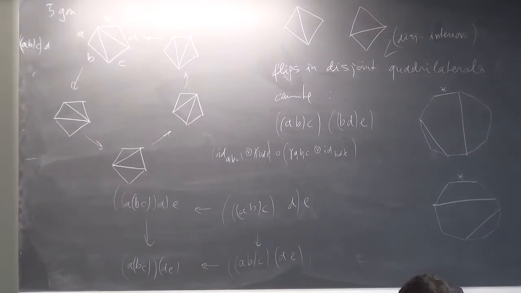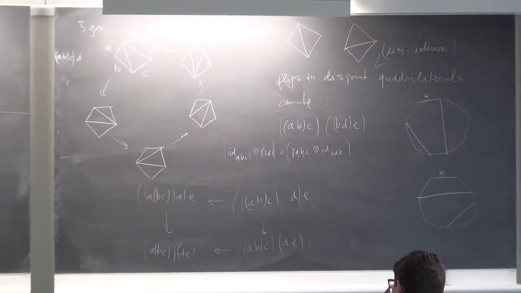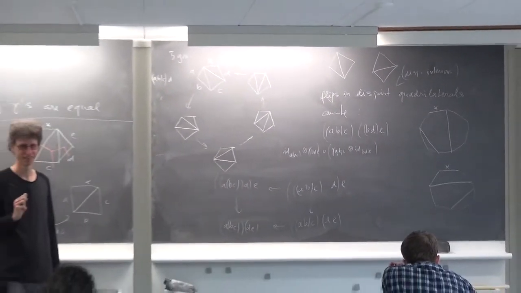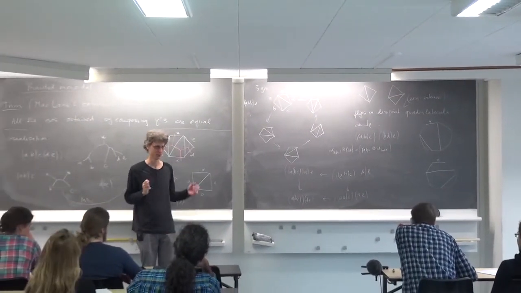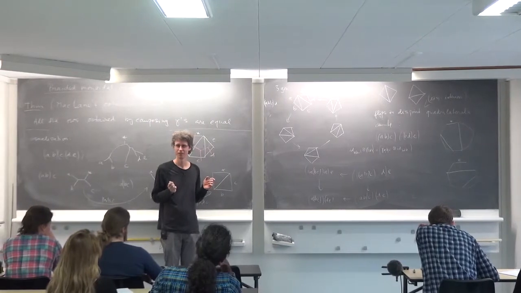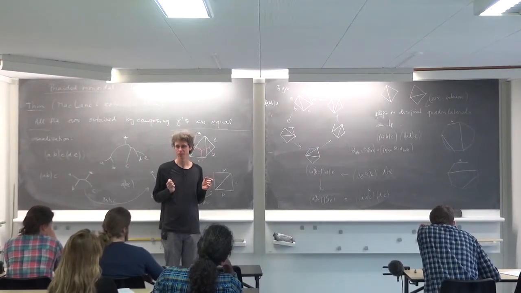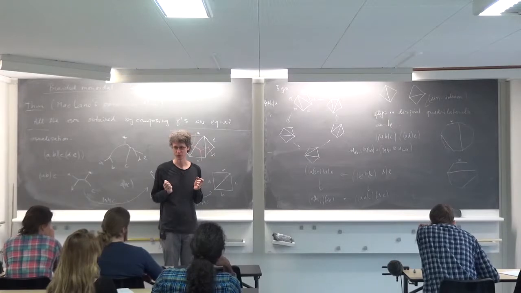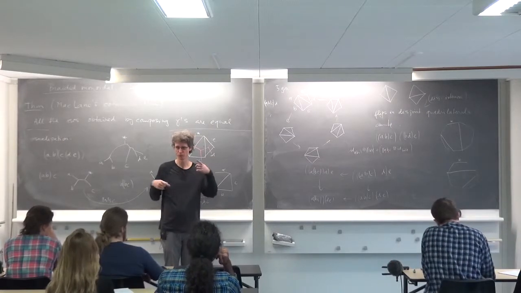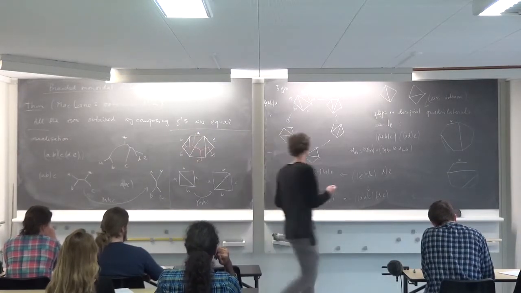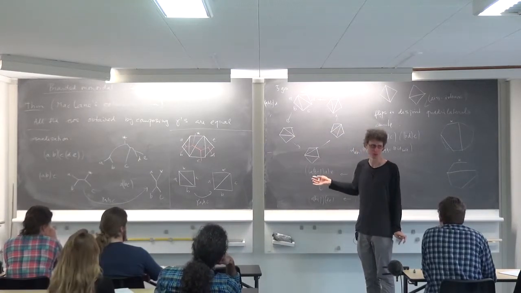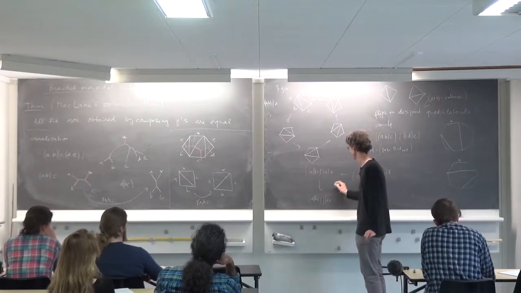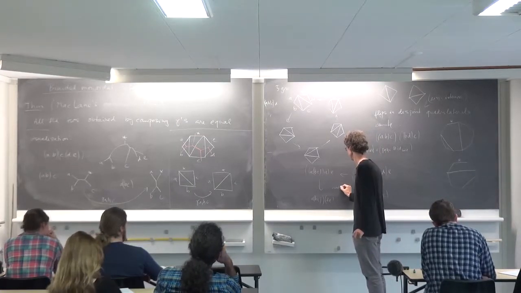And it still commutes. Now, why does this commute? It's all just some stupid categorical nonsense. It's naturally gamma. Yeah, exactly. The gamma is a natural transformation. So it will commute with any morphism. It's in particular also with some other gamma. There are no other morphisms that we're using here besides gamma, so it's just by naturality of gamma.